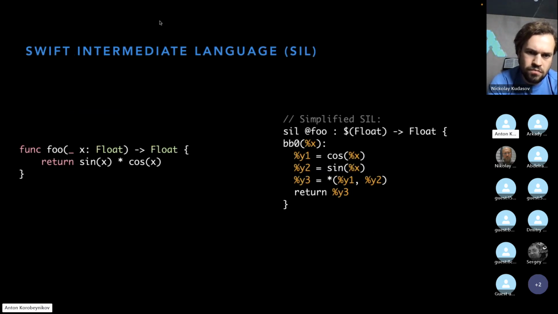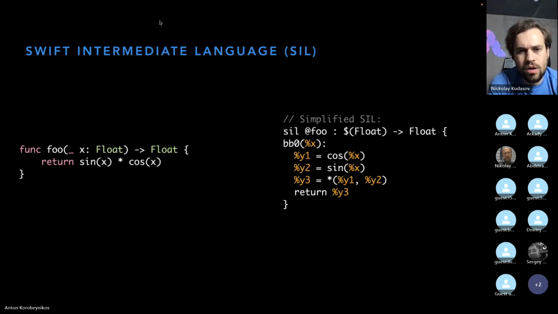Here is an example of a simplified SIL, the static single assignment intermediate representation. I cleaned the SIL for clarity on the right, so it's not the real SIL. Essentially, it is the SIL for the function that calculates the result of multiplication of sine and cosine.